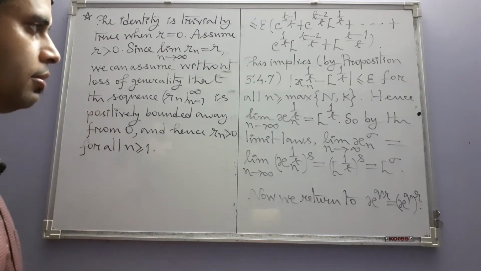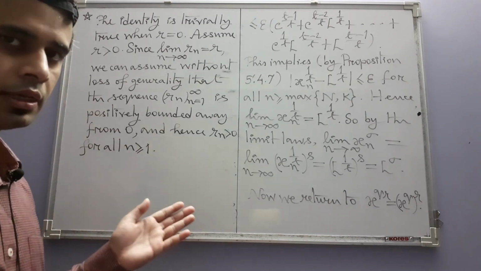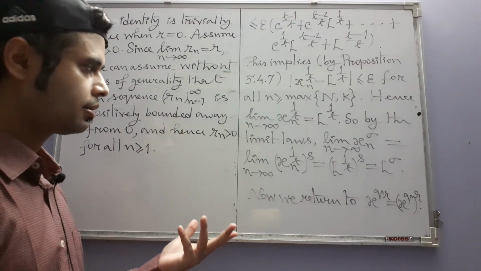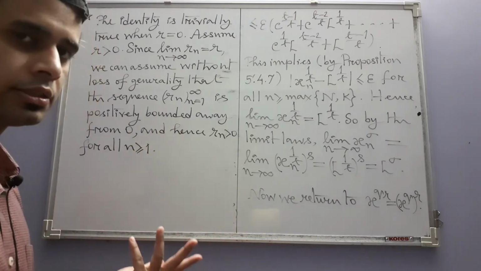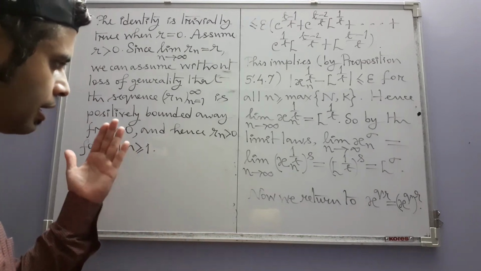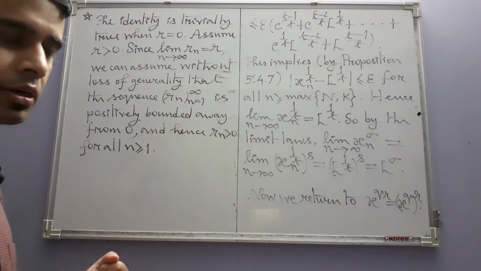Recall that the sequence Rn is our choice. We are getting one such sequence Rn, because R is a real number, so by definition R is the limit of a sequence of rational numbers.